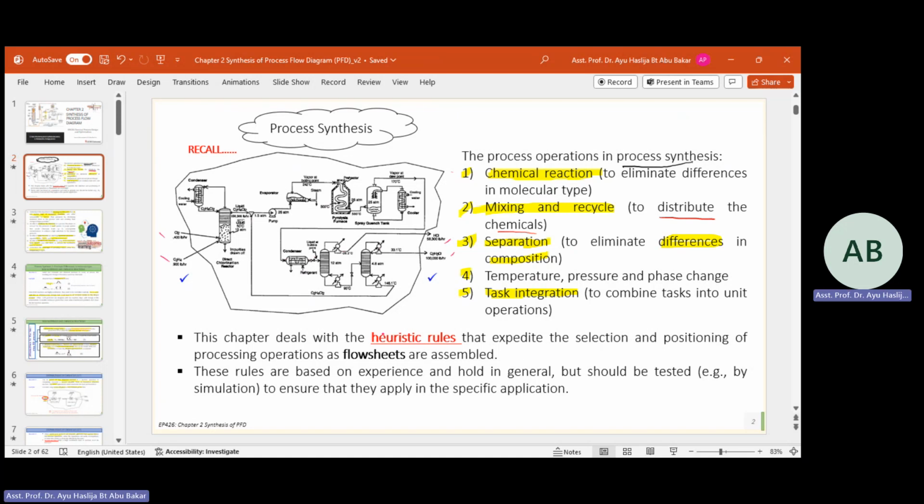Chapter 2 will deal with heuristic rules. What does it mean by heuristic? The term heuristic. What is heuristic?